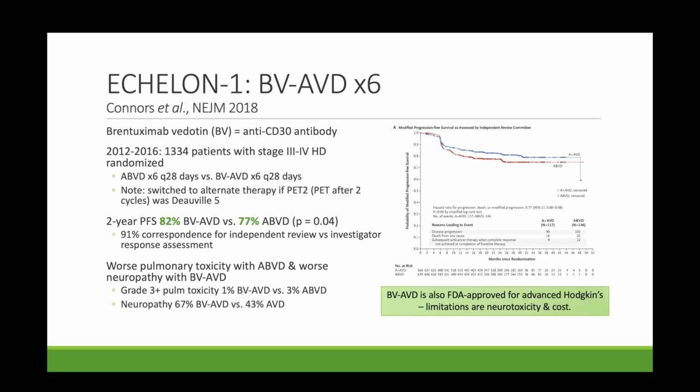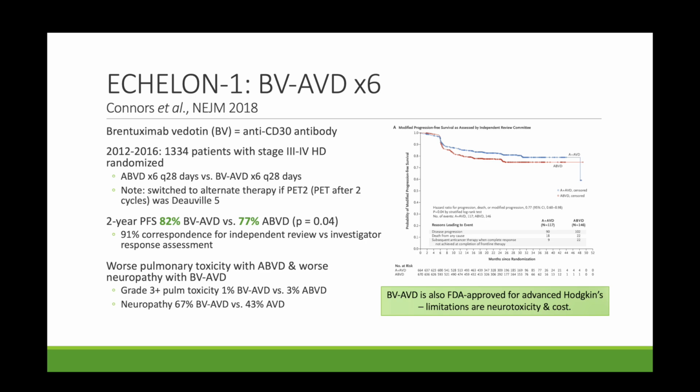So BV-AVD is another FDA-approved systemic therapy to be aware of for advanced Hodgkin lymphoma. However, its limitations are neurotoxicity and cost, but it did have a progression-free survival benefit that was significant compared to standard ABVD. One other trial I think that we should be aware of is SWOG S1826.